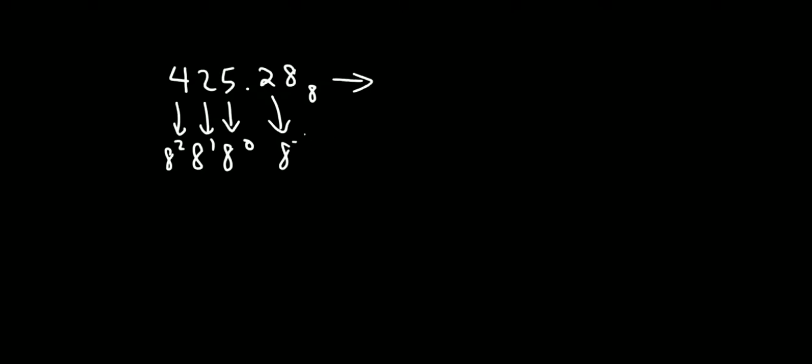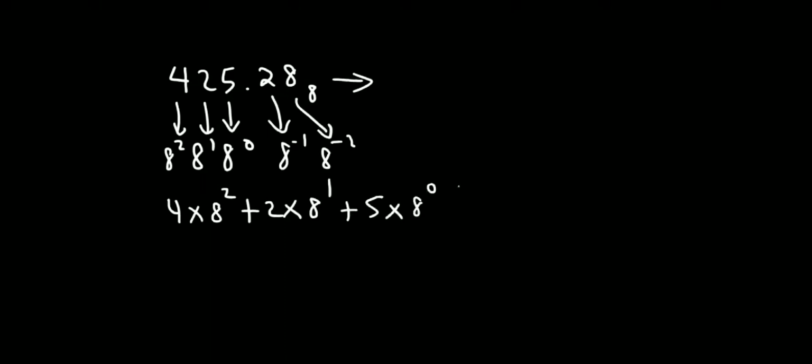Now this is a point decimal number I have considered: 425.28, and in every process you will follow the same way by which I am solving it. So 8 to the power 0, 8 to the power 1, 8 to the power 2, and here after the point you will not start with 0, you will start with minus 1. So just beside 2 you will write 8 to the power minus 1, and beside 8 you will write 8 to the power minus 2, and this is common in hexadecimal also.